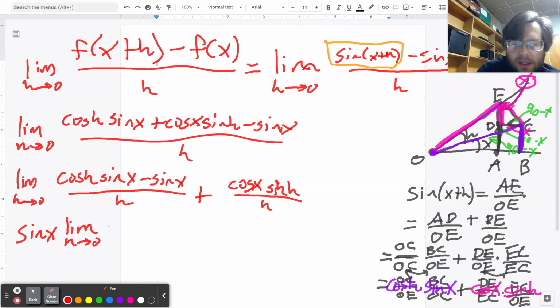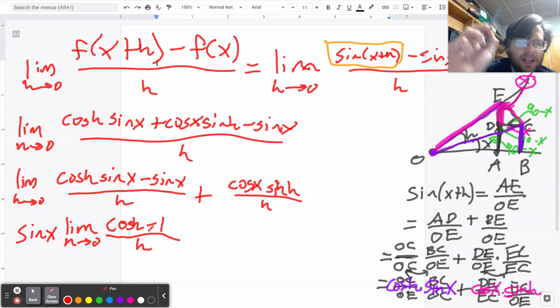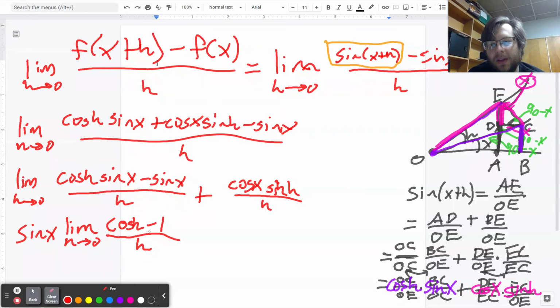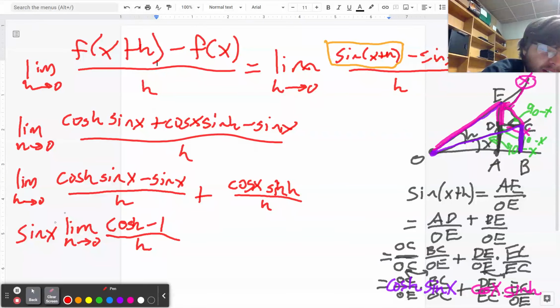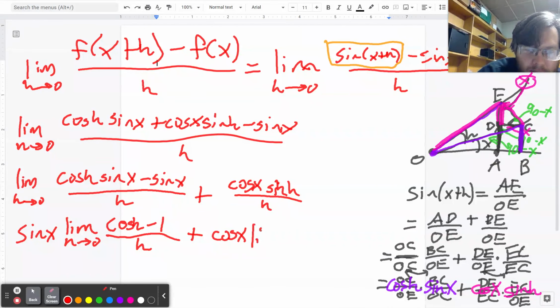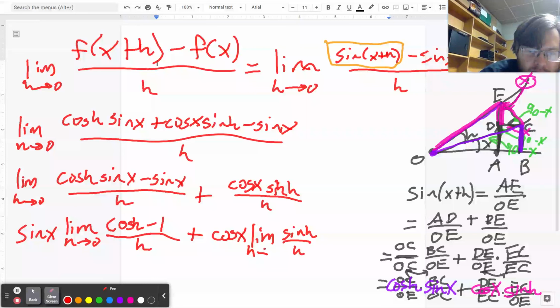And the answer is because the limit refers to as H approaches 0, not as anything to do with X. So I can take sine of X out in front because it doesn't have the same variable as the limit. So I hope you can see how the sine of X distributes back inside. And then same idea with the second piece. Cosine X times the limit as H approaches 0 of sine of H over H.